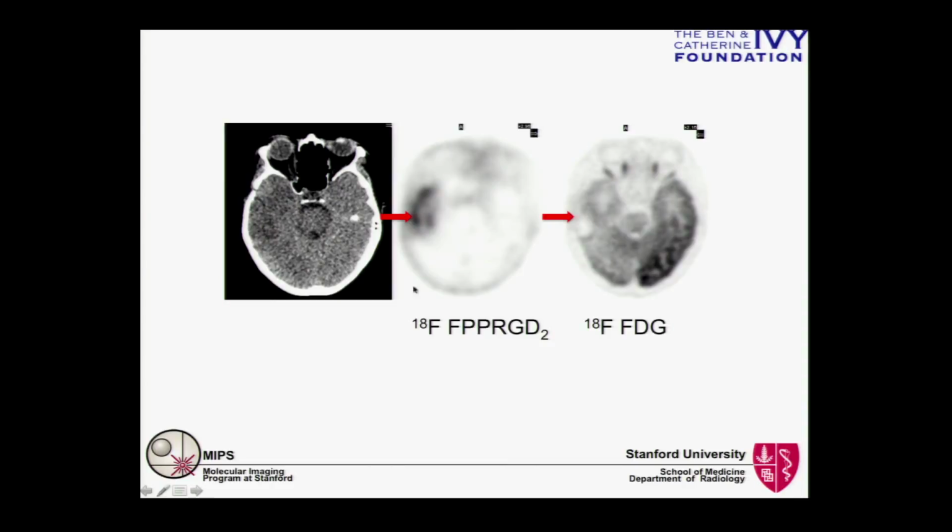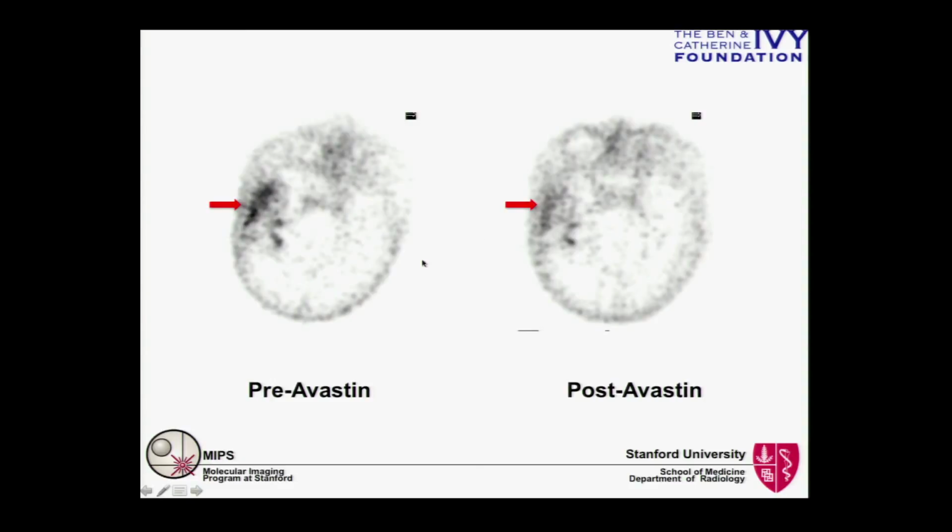Again, you can see it showing up much more nicely with the angiogenesis agent than with the glucose. And as I mentioned with FDG as well, this is showing you how you can follow patients who have had therapy before and after a drug that blocks blood vessel growth, and you can see that the uptake is going down as well.